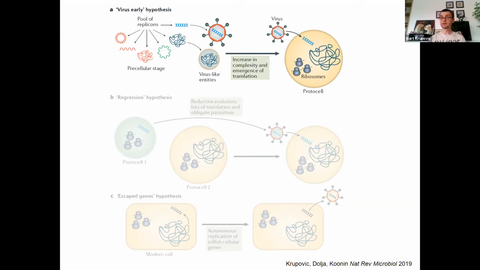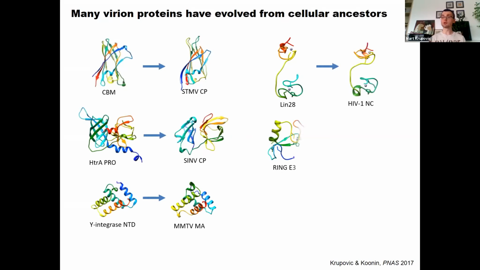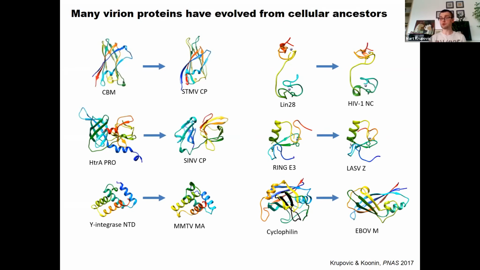So what about the capsid proteins? We have compared capsid proteins and other major structural proteins from across the virosphere, from all families of viruses. And what we found is that in many cases, we can actually find cellular homologs for major structural proteins forming the viral particles.